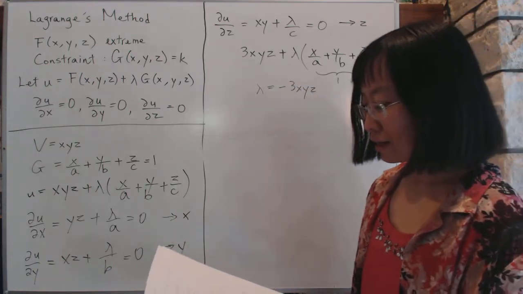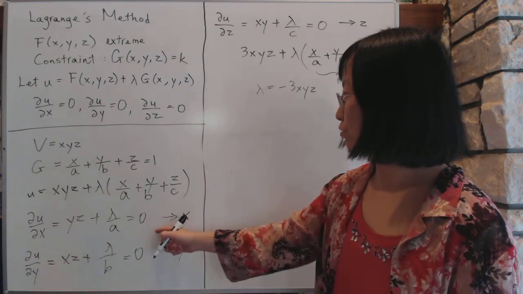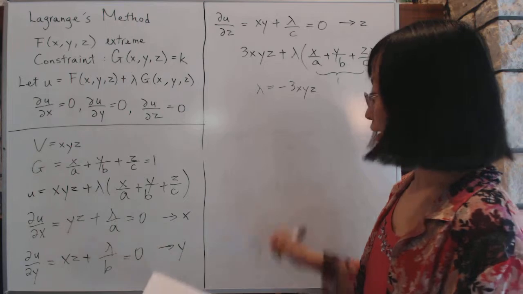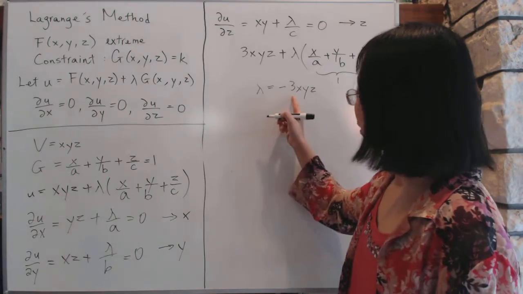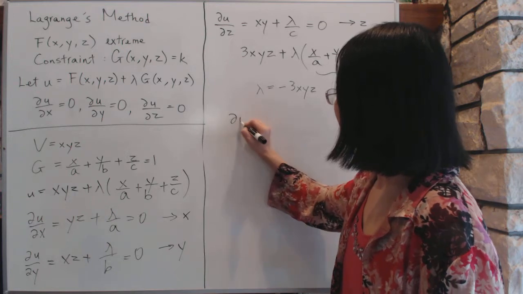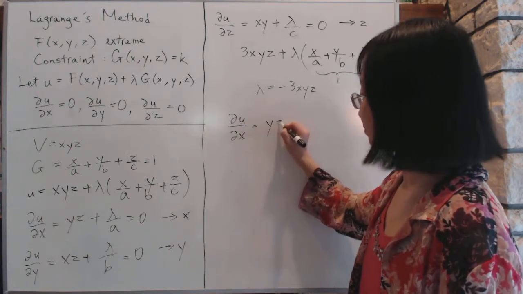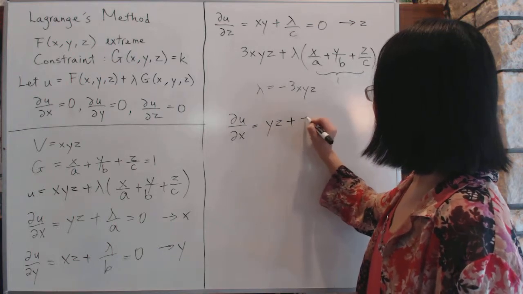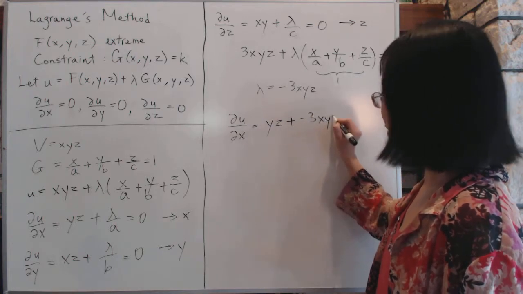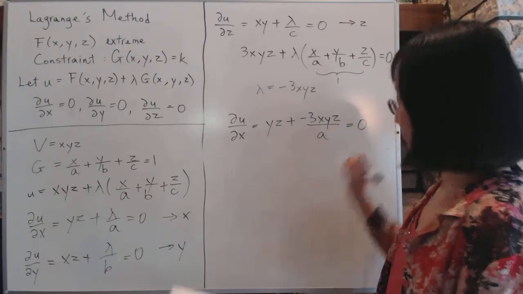All right, and then we will plug this into the first equation, partial u, partial x. Plugging this thing in for lambda, we have yz plus negative 3xyz divided by a equal to 0.